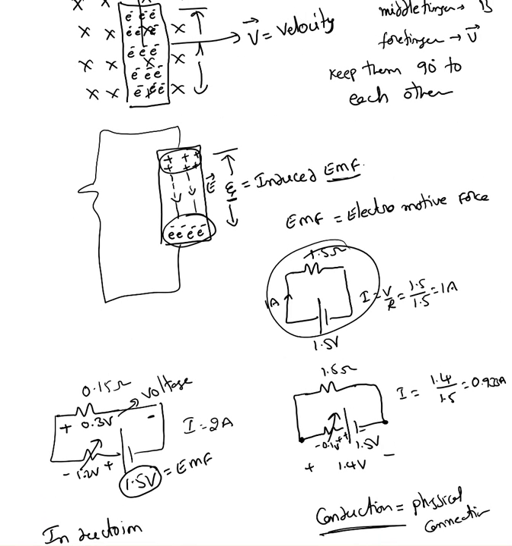Now coming back to our previous example: if we apply a force on a conductor in a magnetic field, it will produce an EMF. That induced EMF is E equals BLV, where V is the velocity, L is the length of the conductor, and B is the magnetic field.